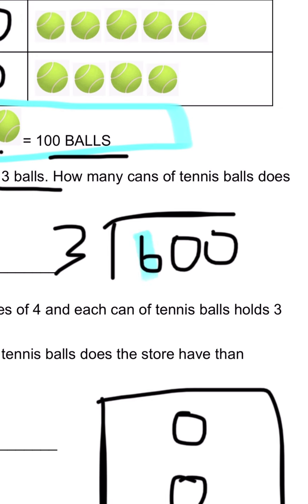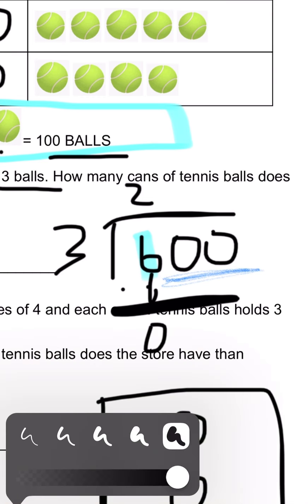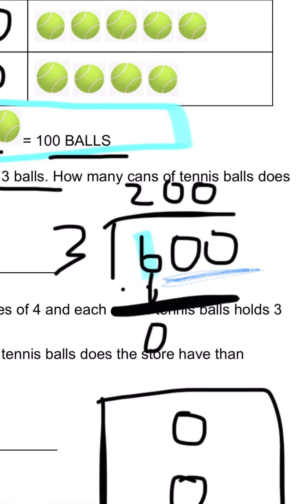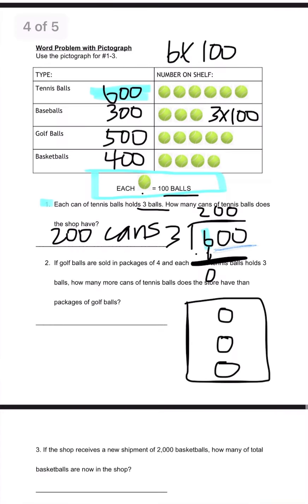How many times does 3 go into 6? 3 goes into 6 twice. So we'll do 6 minus 6 is 0. And we'll just add the remaining 2 zeros on. So you have 200 cans. All right, good job, guys.